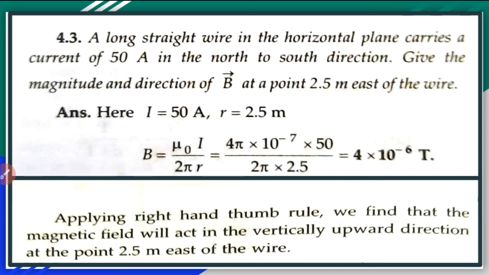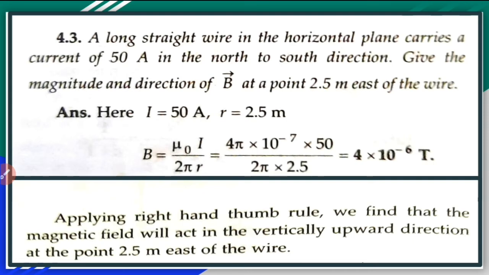And to find the direction of the magnetic field, which rule can we use? The right hand thumb rule. The field produced by a long straight wire will be concentric circles with the center at the wire. So you have to use the right hand thumb rule and hold the right thumb in the direction of current, that means in the north to south direction.